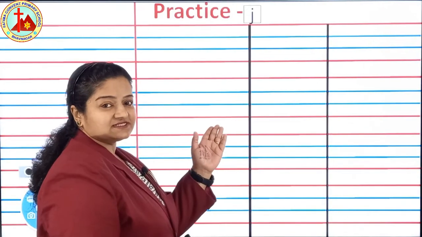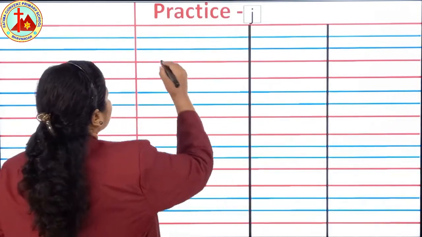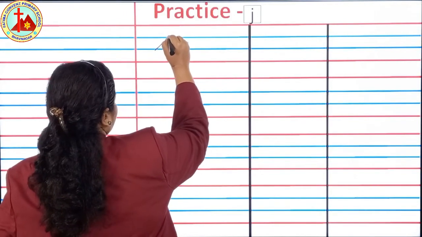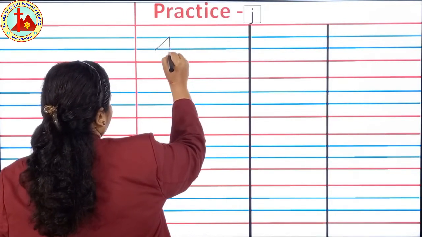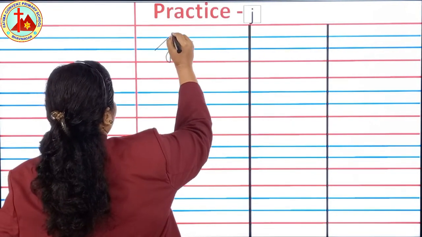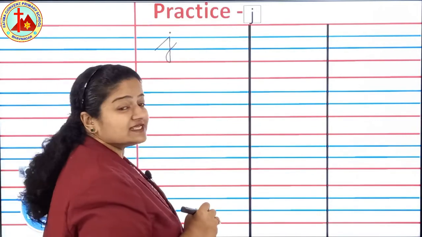Okay children, this is our 4-line. Write the date, yes, and start writing. Down blue line, first do a slanting line, then come down, touch the red line, take a small loop, and this is cursive small J. J says J.